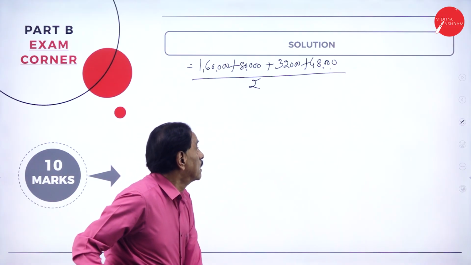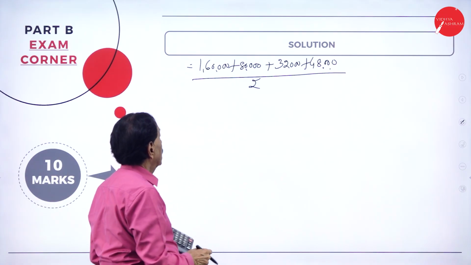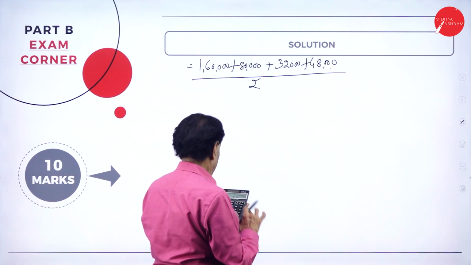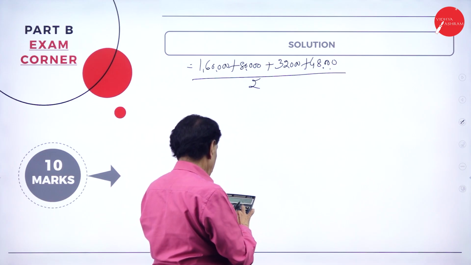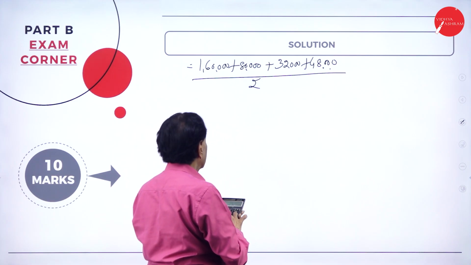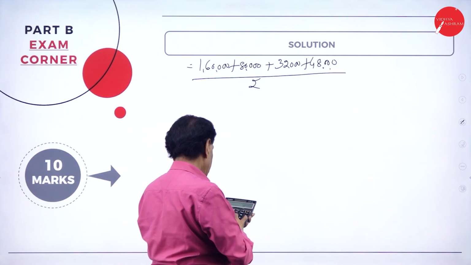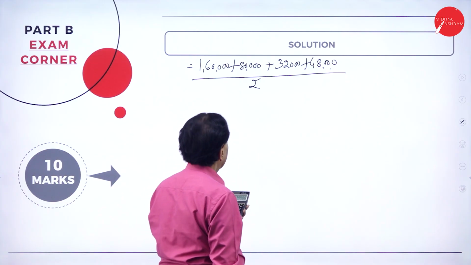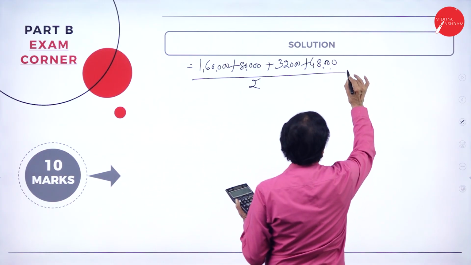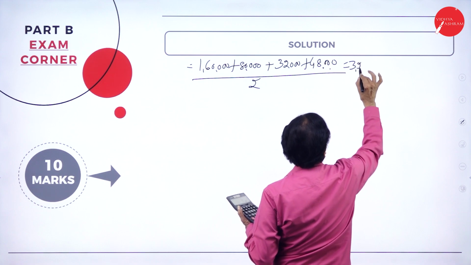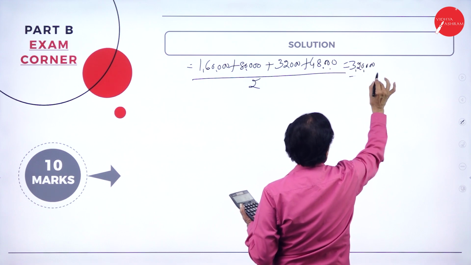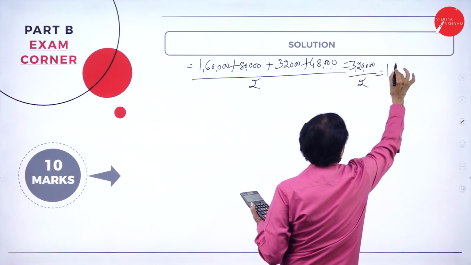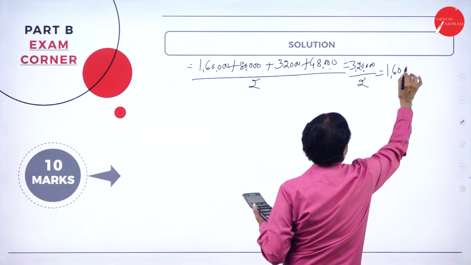1,60,000, 80 means 2,40,000 plus 32,000 plus 48,000, 3,20,000, divided by 2, 1,60,000.